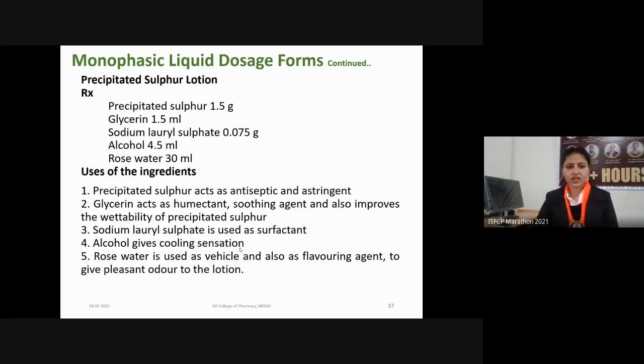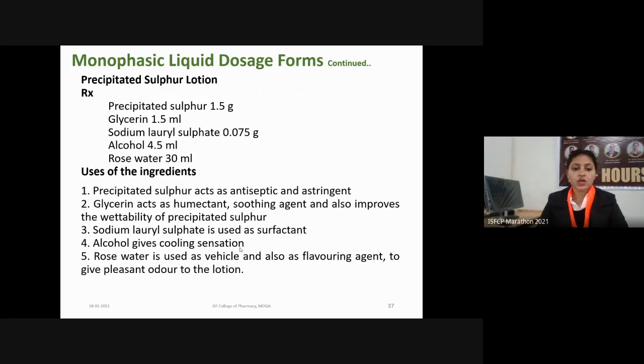The next example is precipitated sulfur lotion. For this, the ingredients that we require are precipitated sulfur 1.5 gram, glycerin 1.5 ml, sodium lauryl sulfate 0.075 gram, alcohol 4.5 ml, and rose water 30 ml.